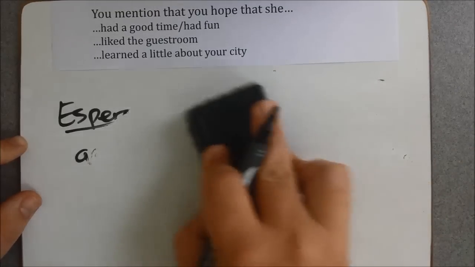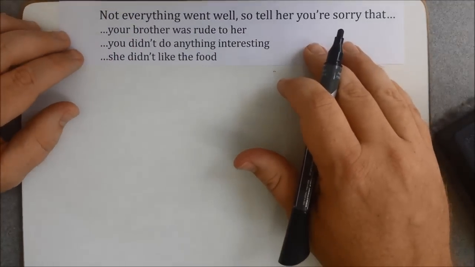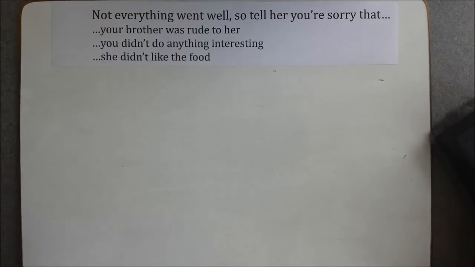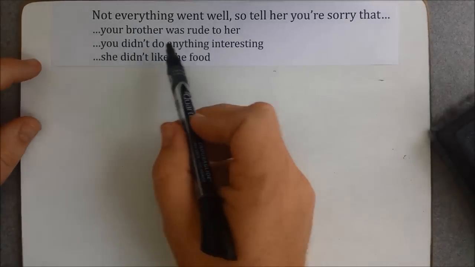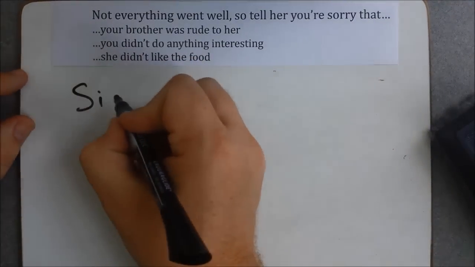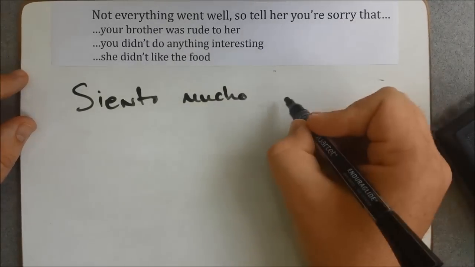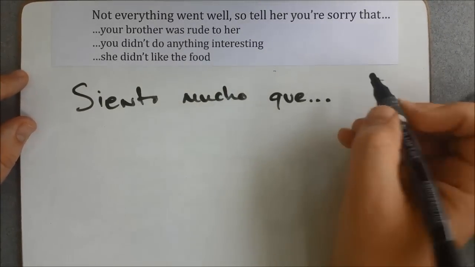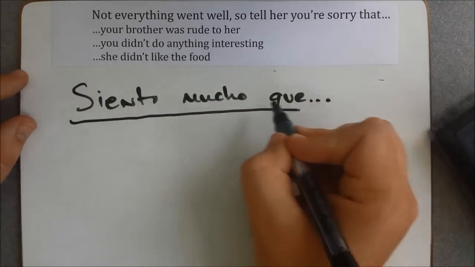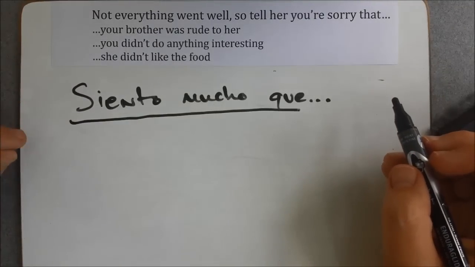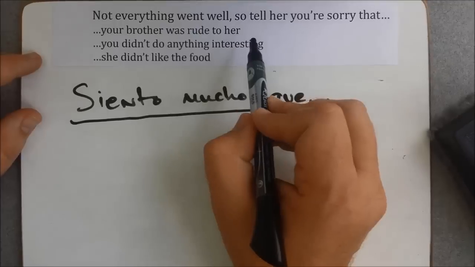So those are some positive or neutral things you can say, right? But of course, not everything went so well, right? Not everything was perfect. So here we're going to use something like siento mucho que, right? I'm sorry that. Vanessa, siento mucho que, that's our main clause. Siento mucho que, I'm very sorry that, right? Siento mucho que your brother was rude to her.